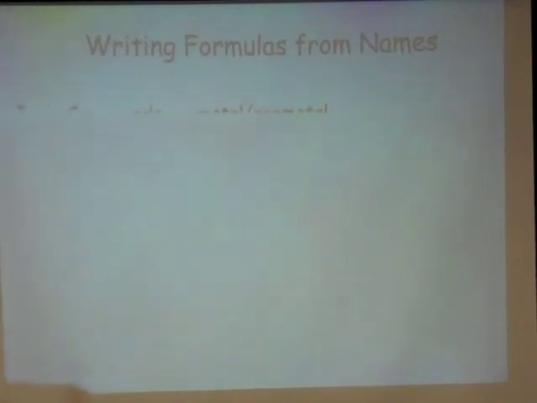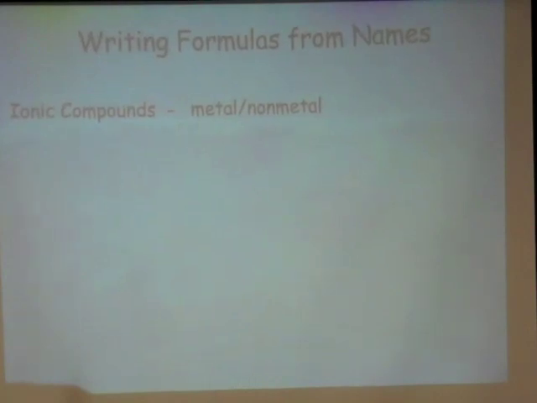First of all, let's keep in mind, ionic compounds. We recognize an ionic compound because it's a metal bonded to a non-metal, or a metal bonded to a polyatomic anion.